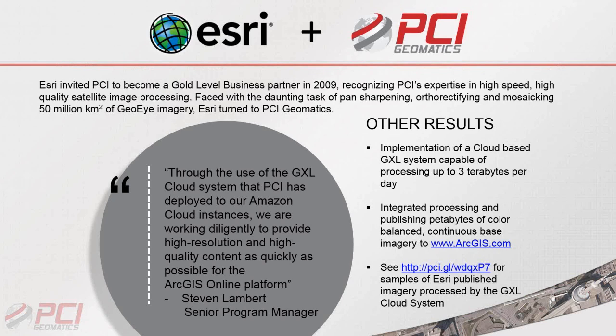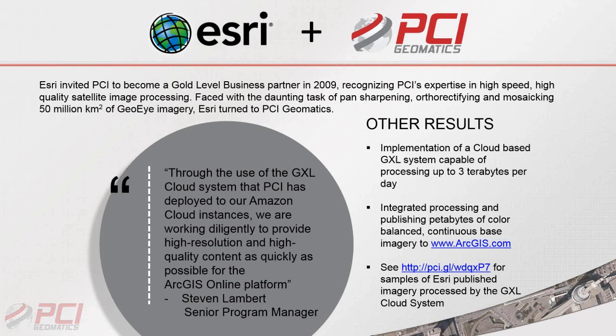They turned to PCI. We have really good technology for doing automated correction, as I mentioned. And in their case, they used our GXL technology, which is a scalable, high-speed automated system for working with really large amounts of imagery, petabytes of data, terabytes per day.